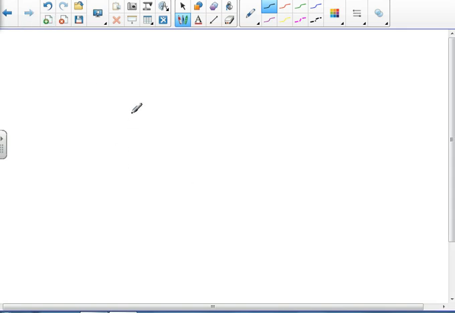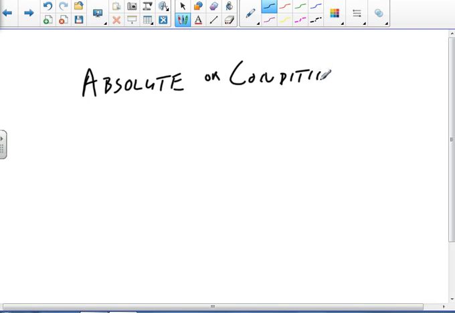Okay, the other thing is we could have absolute or conditional convergence.